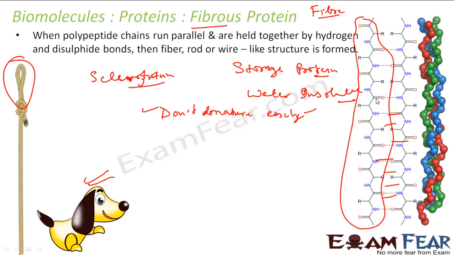So they are fibrous proteins, like fiber or rope. They generally have primary and secondary structure, and don't have tertiary structure. You will understand more about tertiary structure when we discuss globular protein, because they have primary, secondary and tertiary structure all. They are water insoluble and they are storage proteins found only in animals.